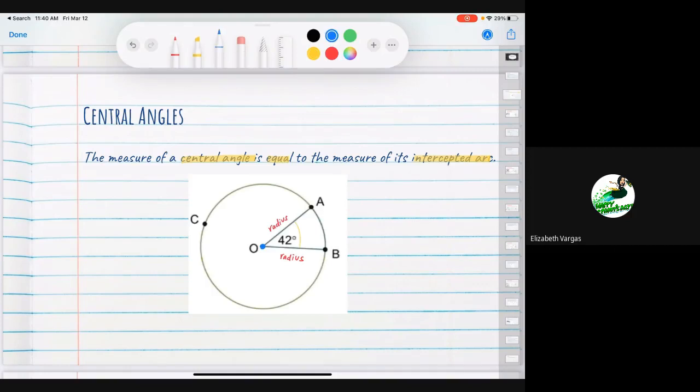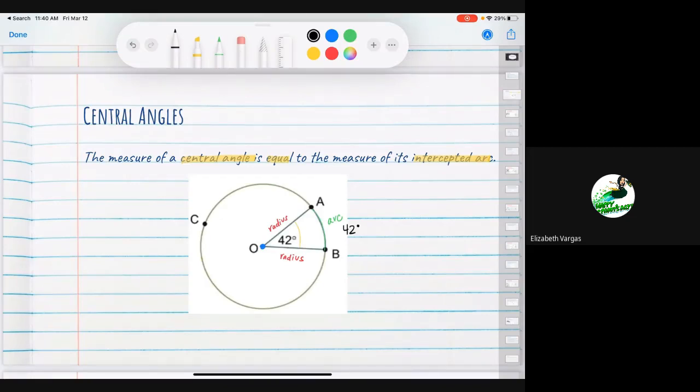The inscribed arc being the arc that is created near that central angle. So this would be our inscribed arc. And so what this is saying is that the central angle is equal to the inscribed arc. So if the central angle is 42 degrees, then our arc will also be 42.